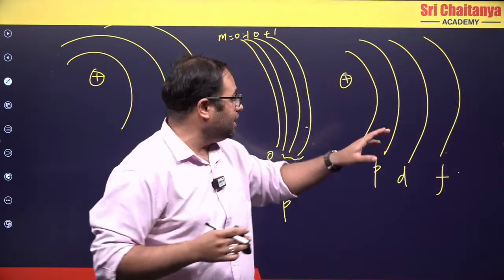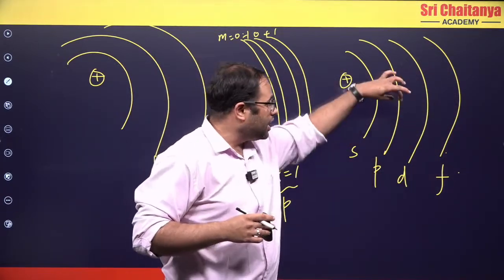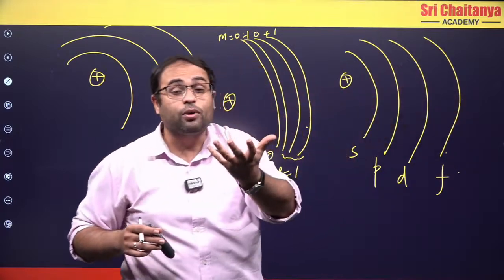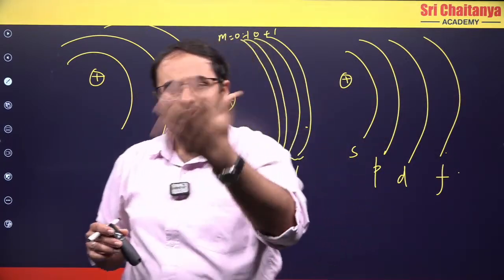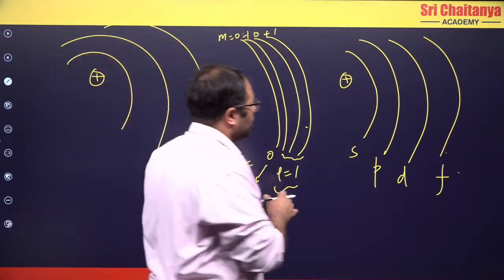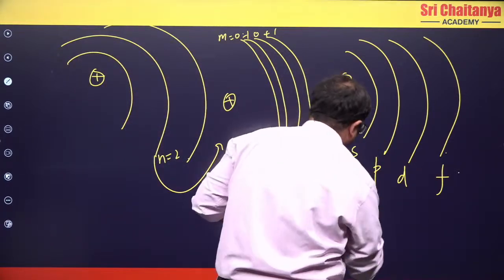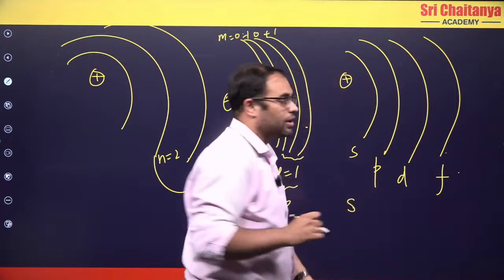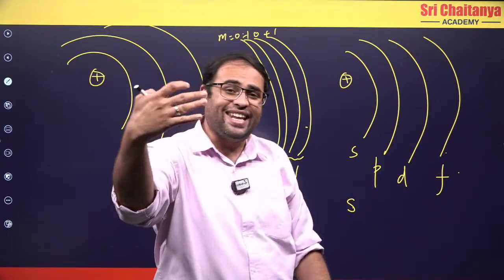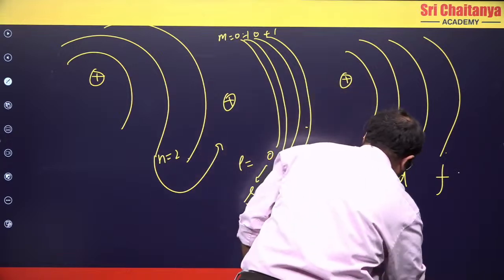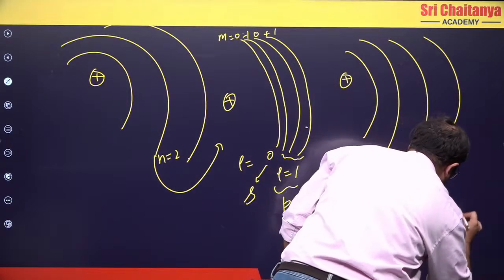Now remember that in each of them, P, D and F, there are subshells present. I have not drawn it because you can only see it by a, not actually a magnifying glass, but that is just a way of me telling you this. So the energy order of this is, the S orbital has the lowest energy because, as I told you, as n increases, S, P, D, F.